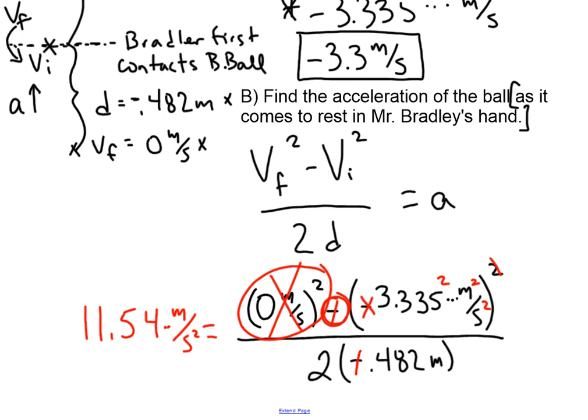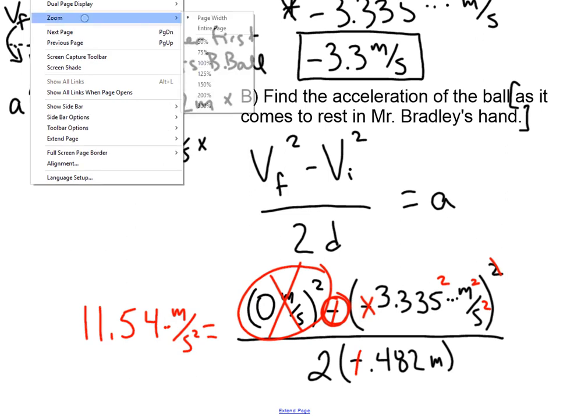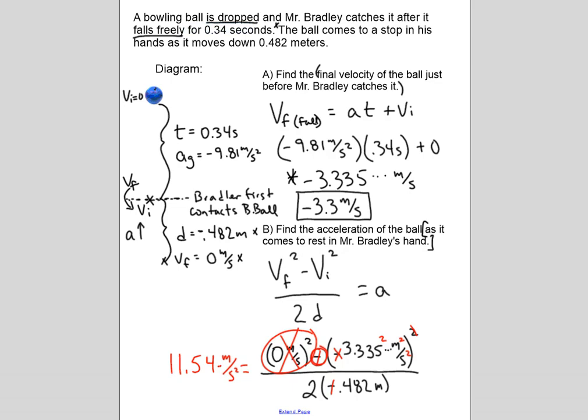So zooming back out, what are the important takeaways here? The important takeaways are, if an object's acceleration changes like it did right here when Bradley first starts touching it, the speed at that moment is important.